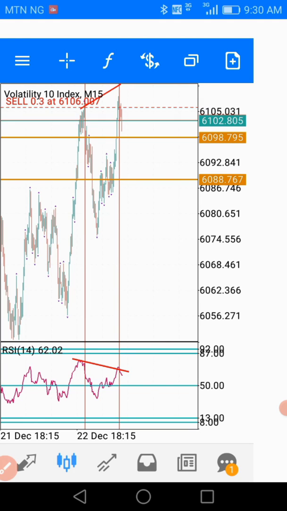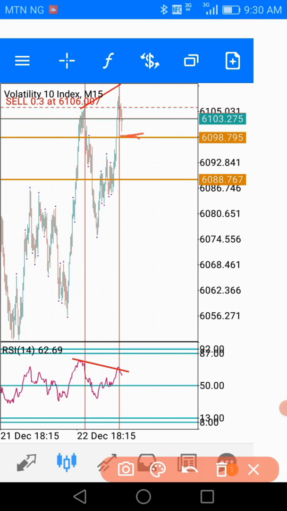Now I have many TPs here. I can take my first TP here, or as soon as the indicator gets to the 50 level, I can take my TP and then exit the market. And aside all that, I'm looking at what we can call a valid double top.